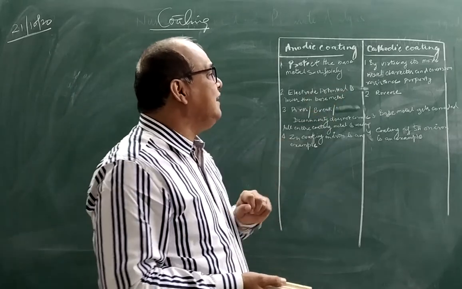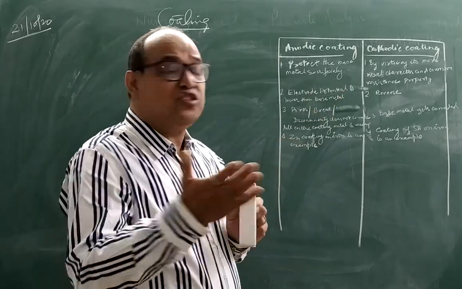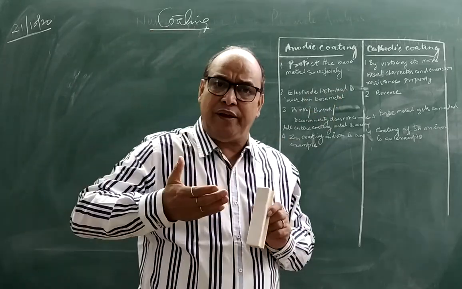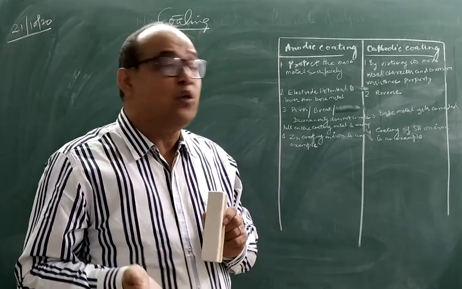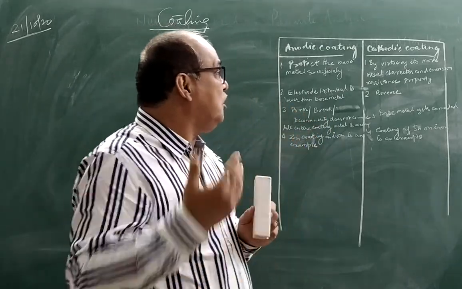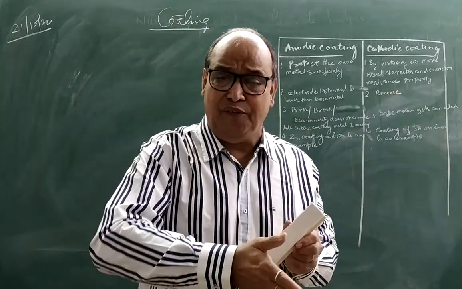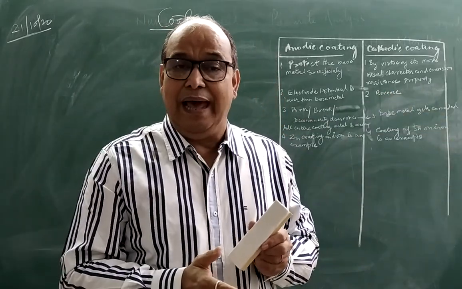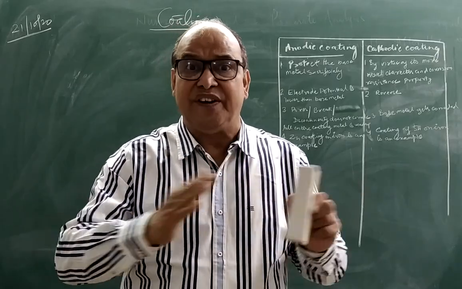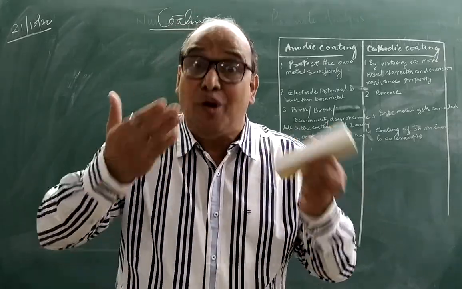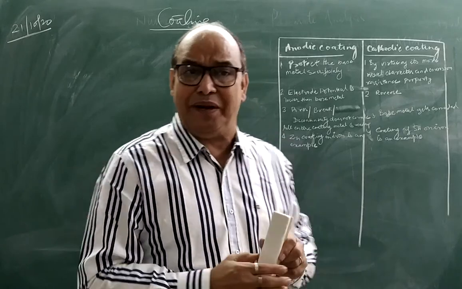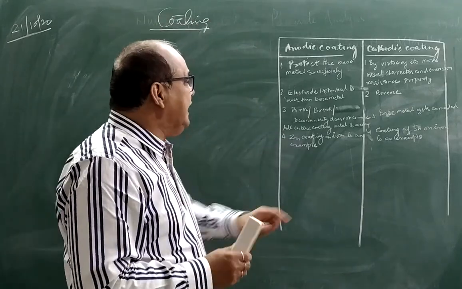But in cathodic protection, it is not like that. Here we use a more noble metal, which has a more noble character and better corrosion resistance than the base metal. Therefore there is a huge difference between the methods of protecting the base metal. The second point is electrode potential.